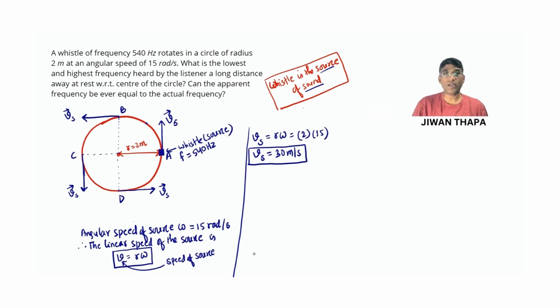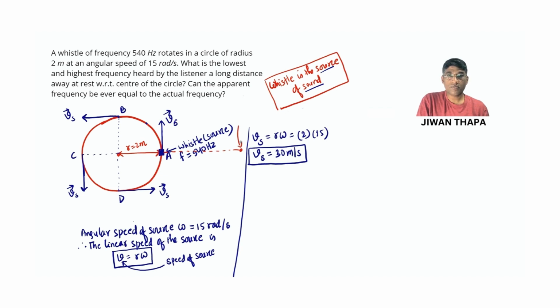So we need to note that. And we are asked to find the lowest and highest frequency heard by the listener a long distance away at rest with respect to the center of the circle. So let's say we have a listener.